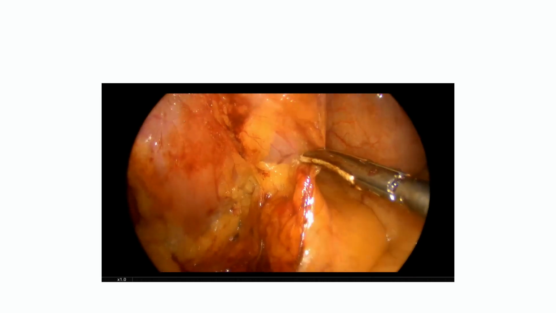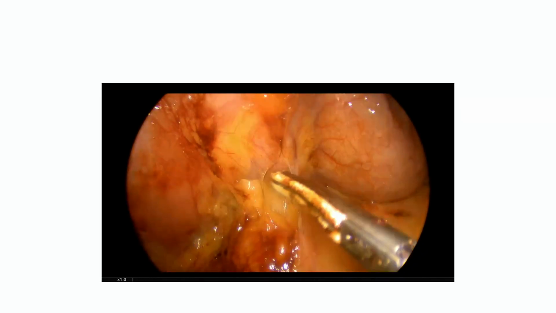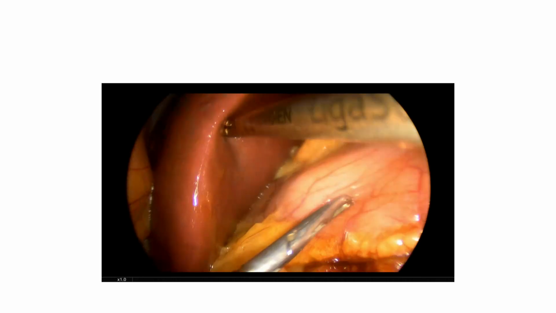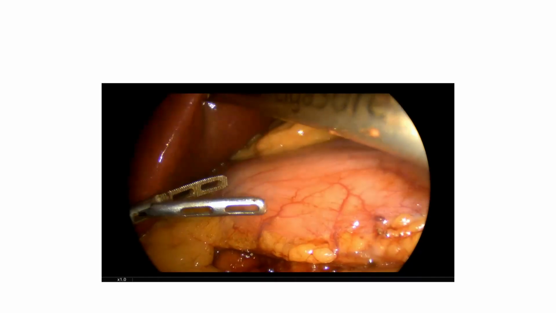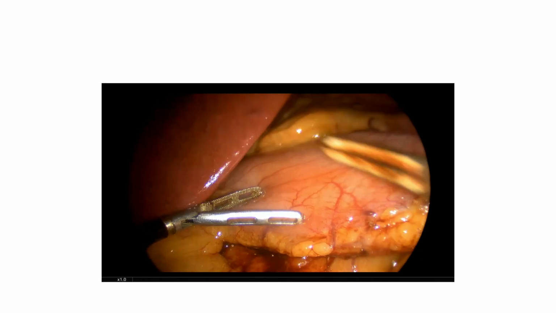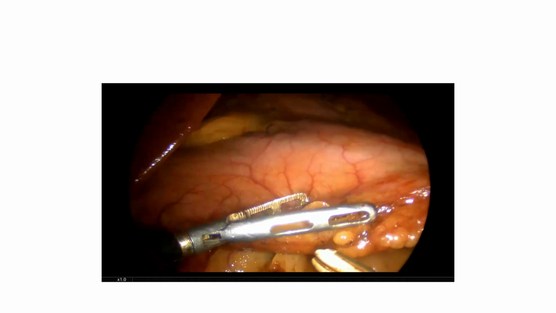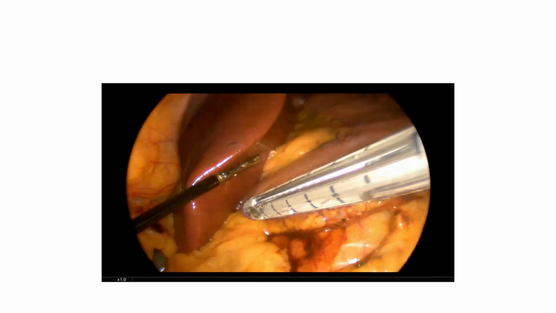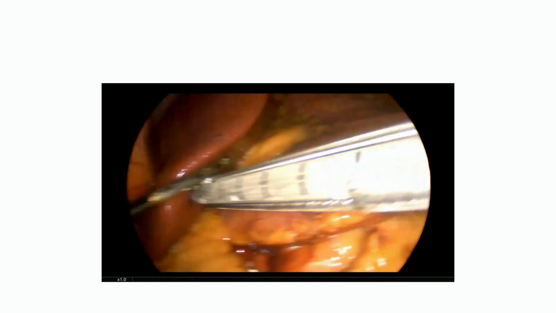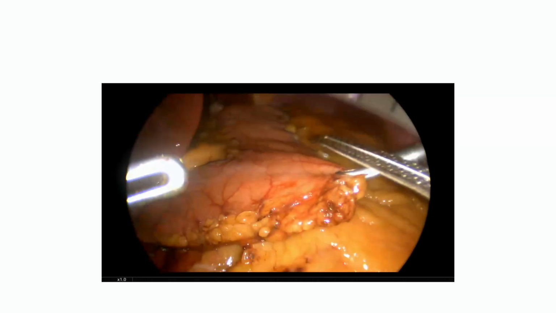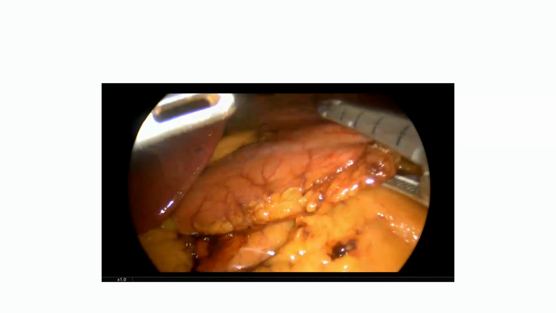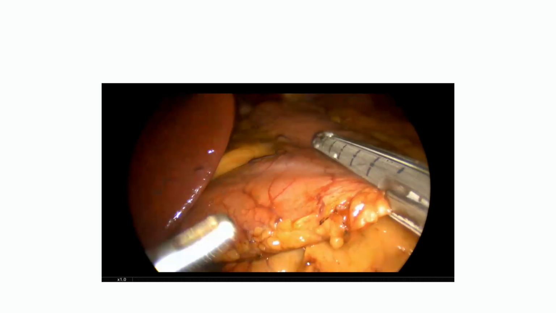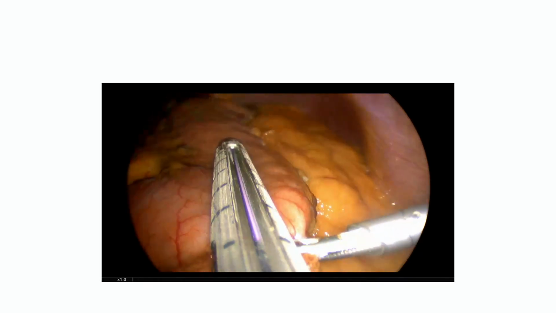Then, after we finish our dissection, we measure about 6 centimeters from the pylorus, both by the grasper and by the stapler. And we start our vertical sleeve gastrectomy 6 centimeters from the pylorus over a 42 French bougie, but we make the sleeve wide.